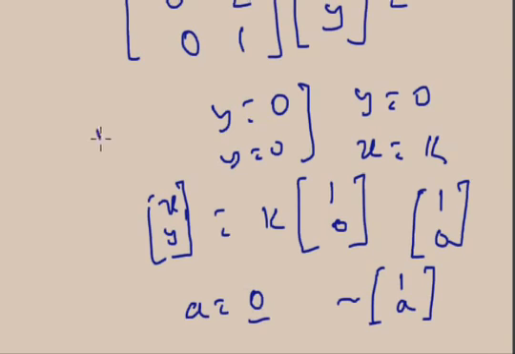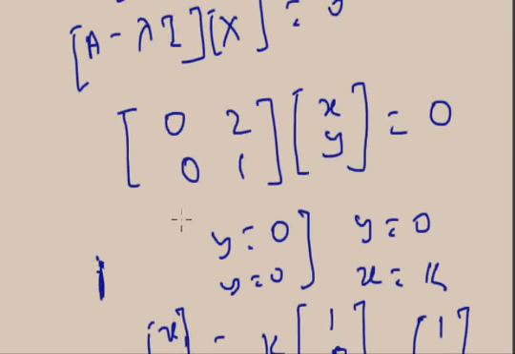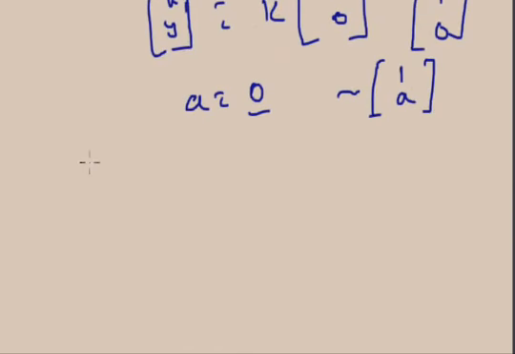Now for the second value of lambda, the second value of lambda is 2. Put it in the matrix: 1 minus lambda is 1 minus 2, which means minus 1.